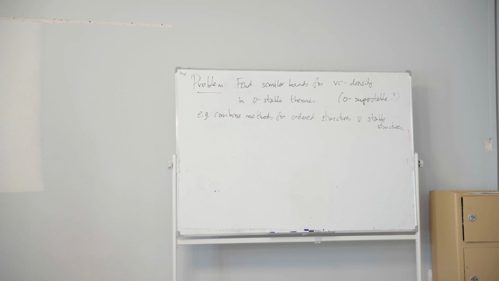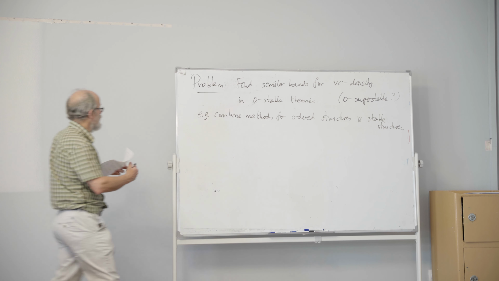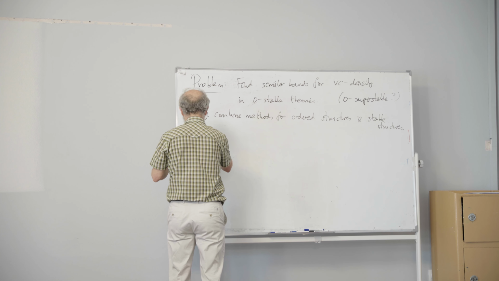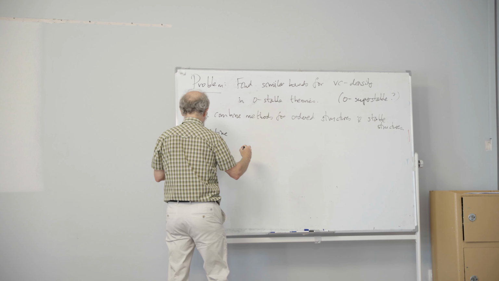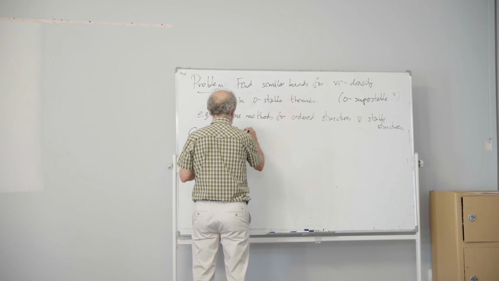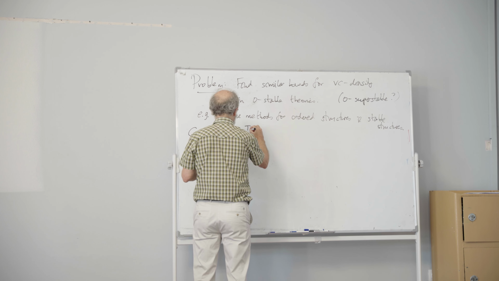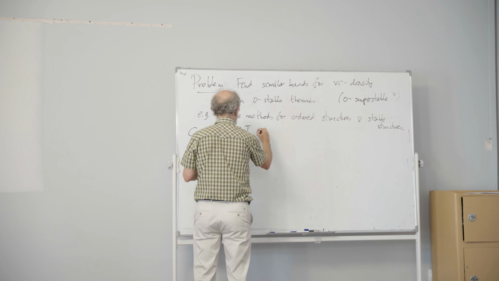So we have a lot of these results where you bound the VC dimension of phi in terms of the number of y variables. That seems to be a common thing. So we can define VC_T on the natural numbers.